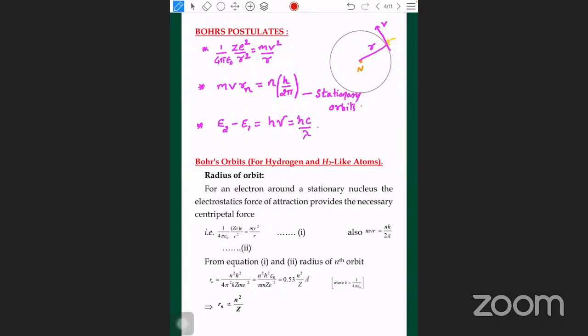So please remember these three postulates. Using these three postulates only, we are going to discuss another three important concepts, that is radius, velocity, and the total energy.